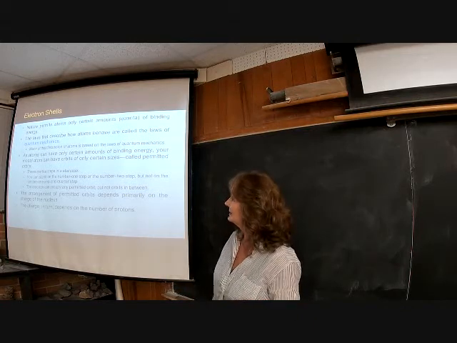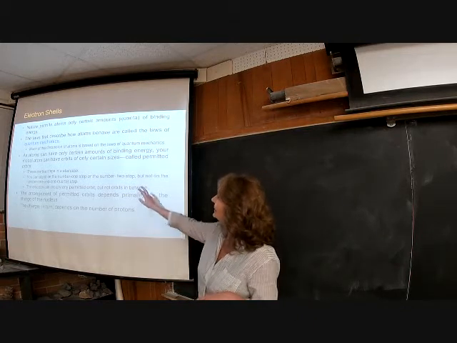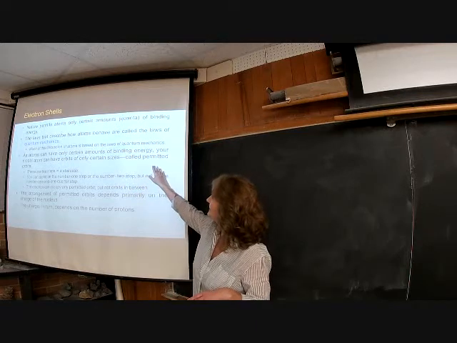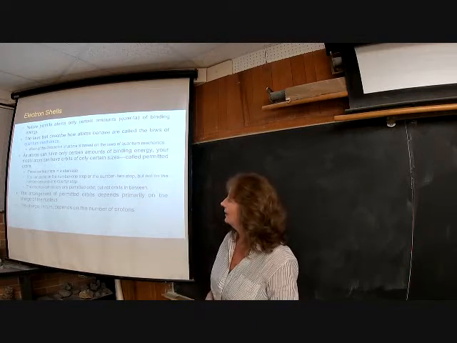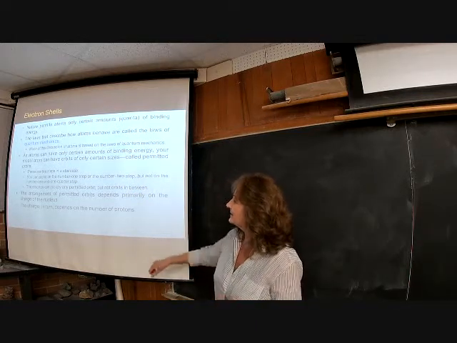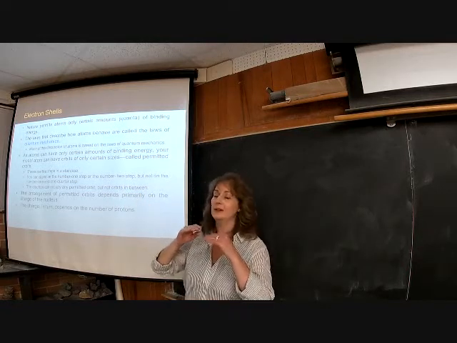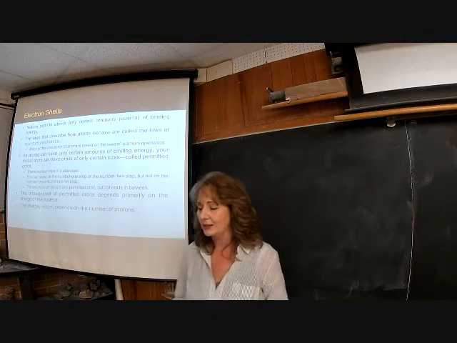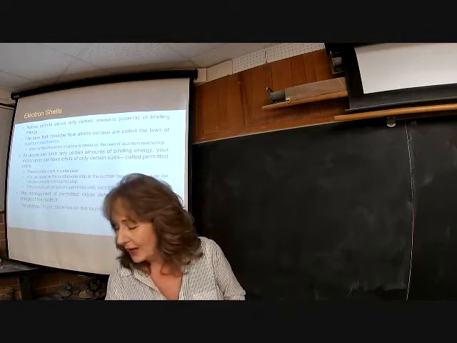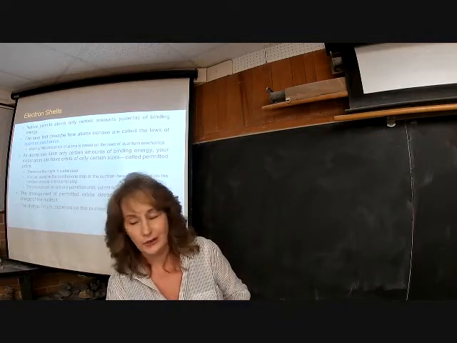The electron can't use it, okay? So only permitted orbits can occur here. Almost like a little stair step kind of thing that they talk about, but there's no in between. It has to be the exact amount of energy in order to bump it to another electron shell.